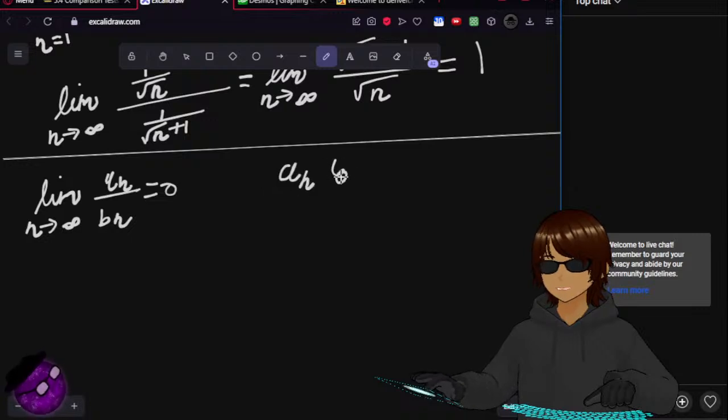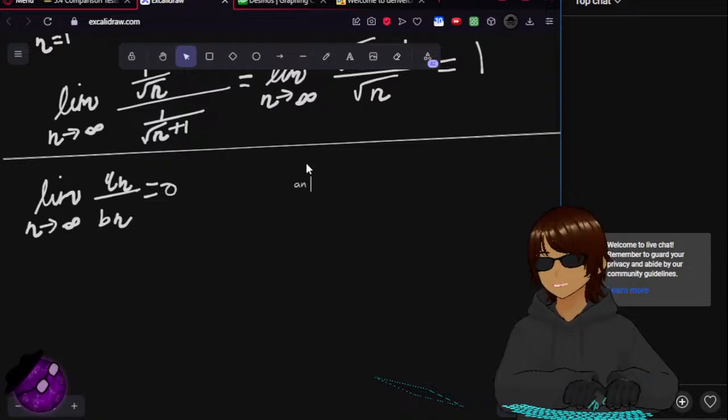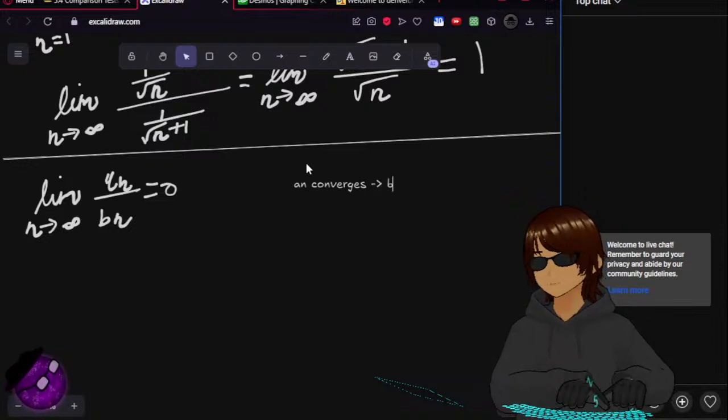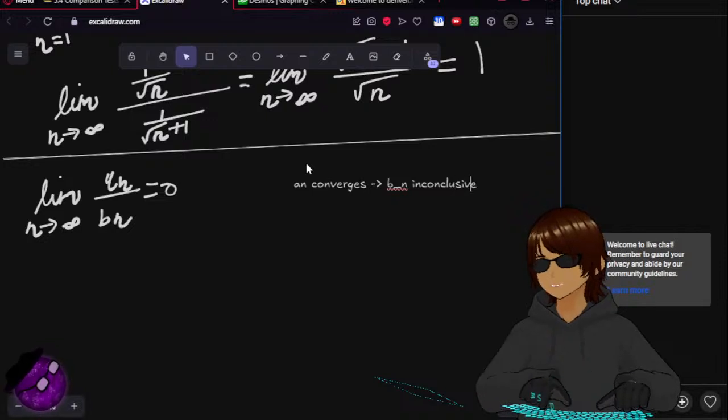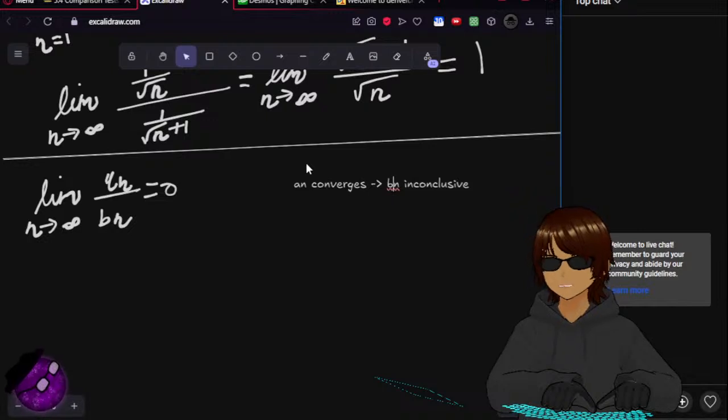If an converges, and let me just write it in text, an converges, then bn also converges? Inconclusive, bn could converge or it could diverge.